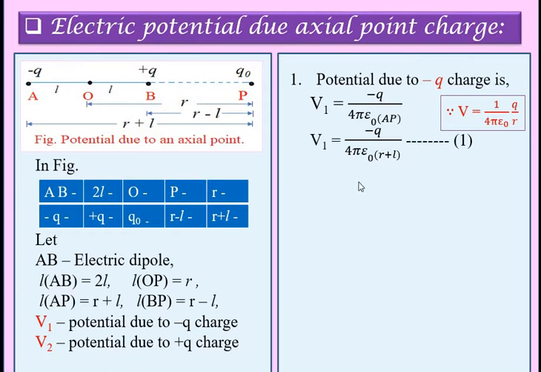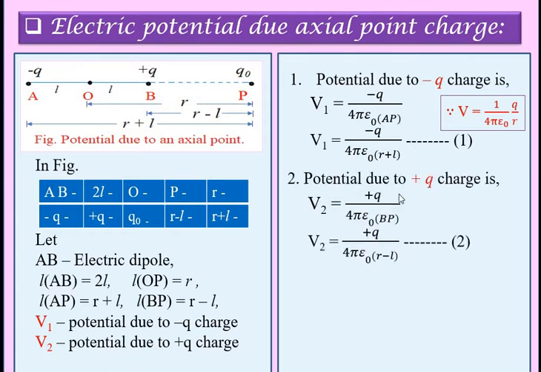The electric potential due to plus Q charge is given by the relation V2 is equal to plus Q divided by 4 pi epsilon 0 into BP, because here BP is the distance of the charge plus Q from charge Q0, and the distance BP is equal to R minus L. This is written in equation 2.